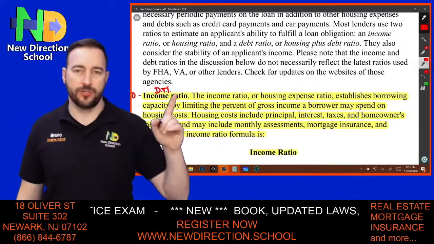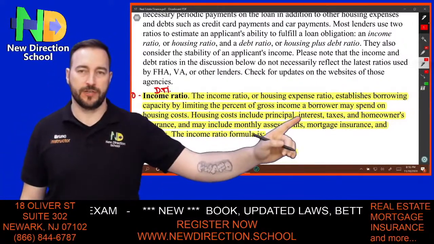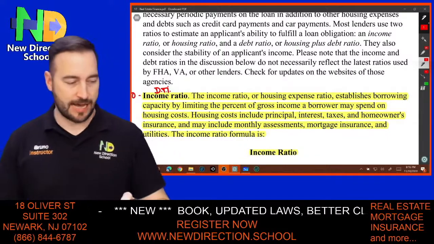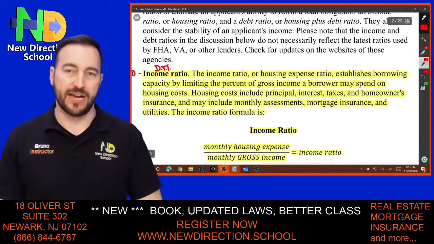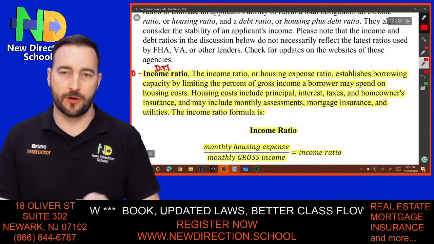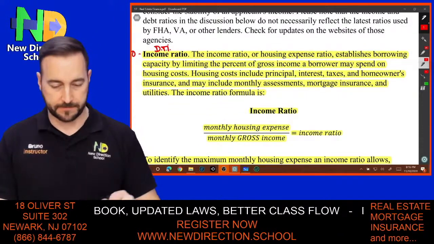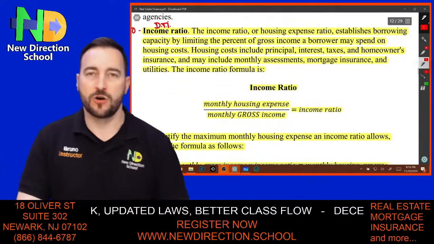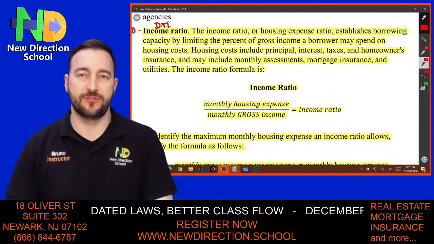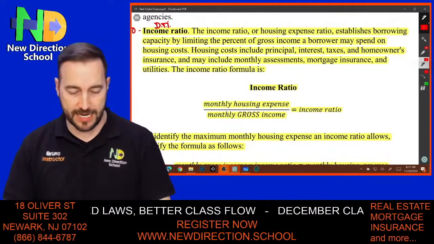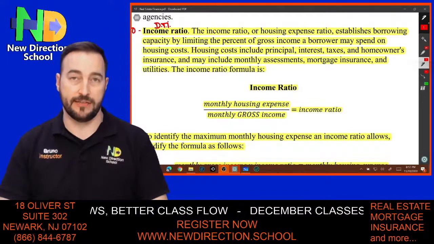So the income ratio, or housing expense ratio, establishes borrowing capacities by limiting the percent of gross income a borrower may spend on housing costs. Housing costs include principal, interest, taxes, and insurance, and may include monthly assessments like mortgage insurance and utilities.